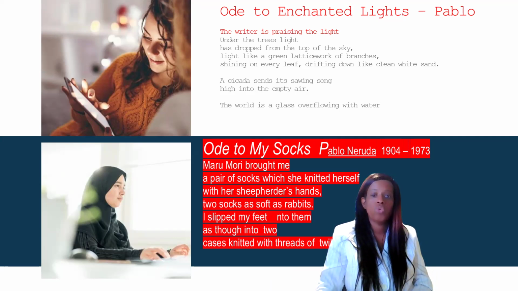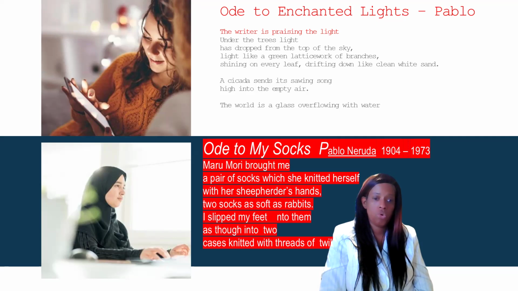The other one is Ode to My Socks. And when he's talking about my socks, one that he wears on his feet, he is talking about who bought him the pair of socks. He's talking about how the socks feel, and he continues.